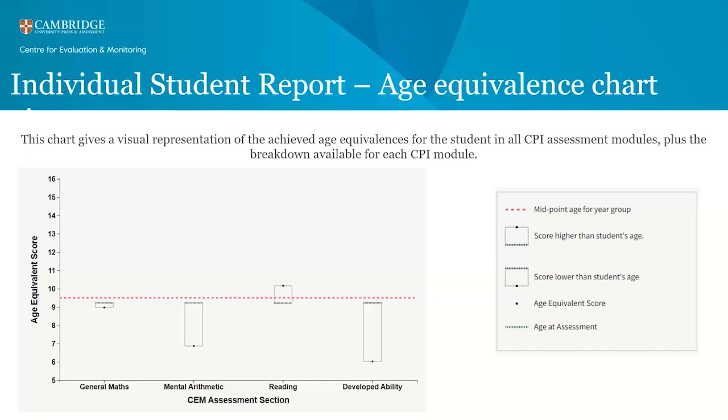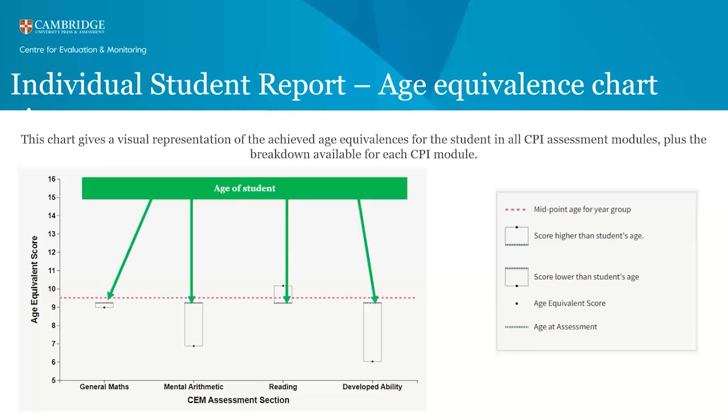So again, when you get the slides, you can have a look at these at a more leisurely pace, and you can see where the students should be in relation to the age-related expectation. As mentioned before, that grey line on the box is the age of the student, the dot is their score, and the red is the midpoint, if you like, the average measure for their year group.